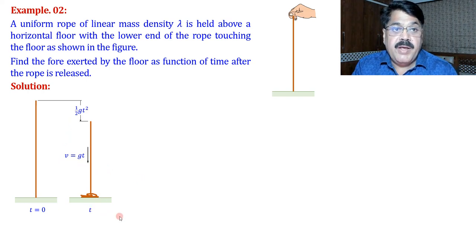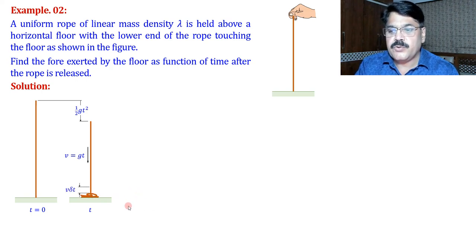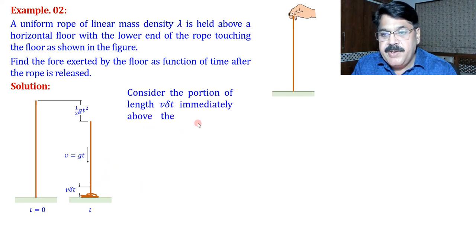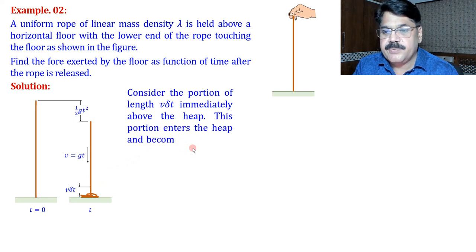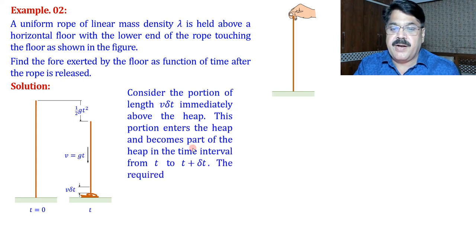Now what do we consider as the system? We consider the heap as portion P and a small amount that will enter the heap in time dt as Q. So this portion is Q and the heap is P. Consider the portion of length v dt immediately above the heap. This portion enters the heap and becomes part of the heap in the time interval from t to t plus delta t.